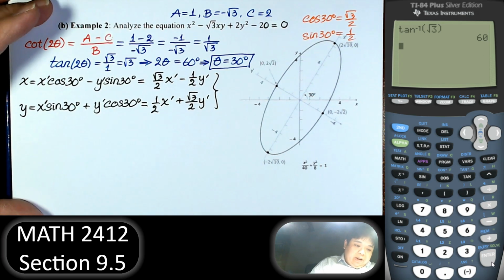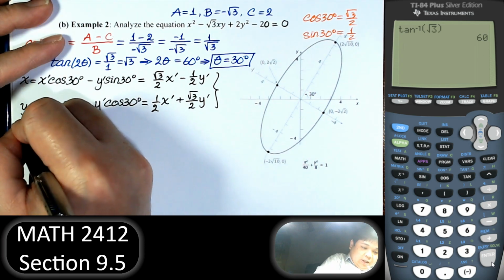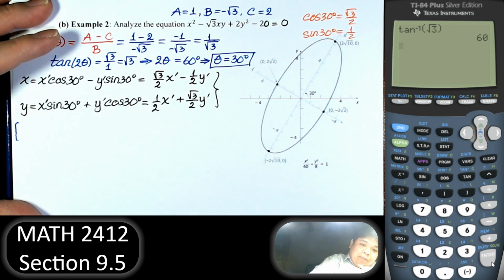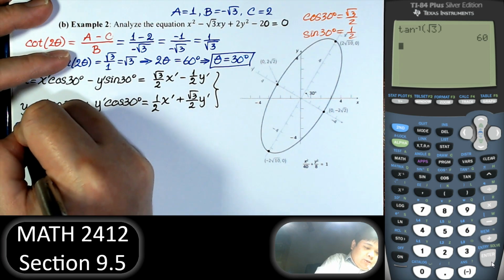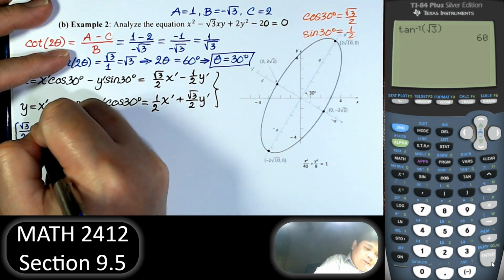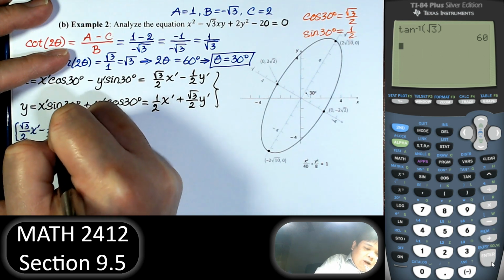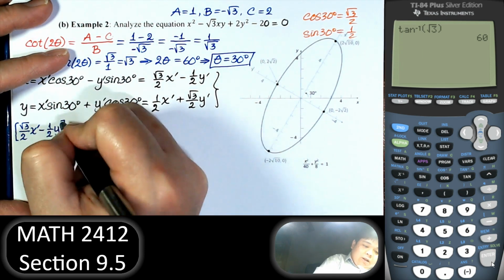So we will have, trying to write small, x squared, so this one squared, square root of 3 over 2 x prime minus 1/2 y prime, squared.